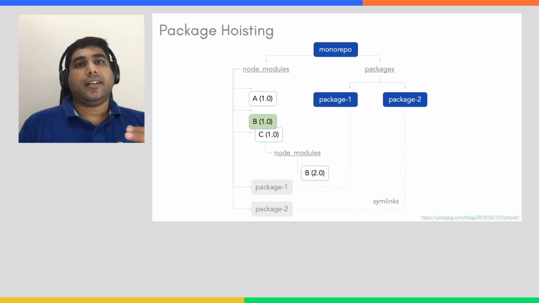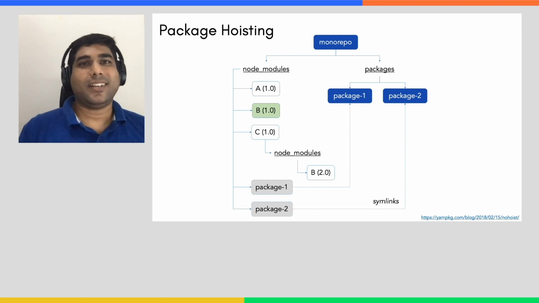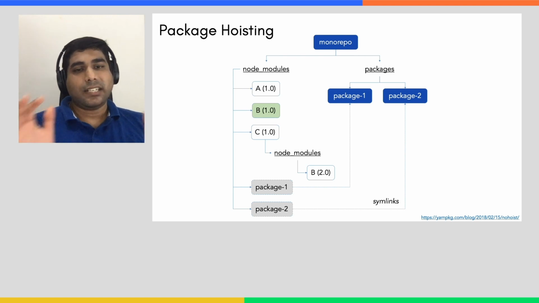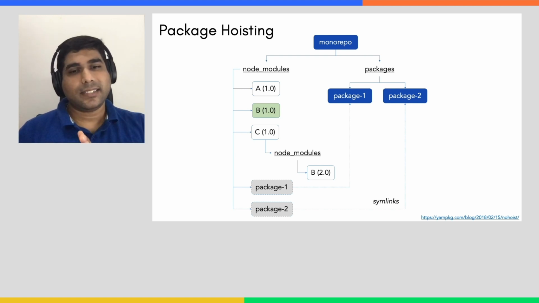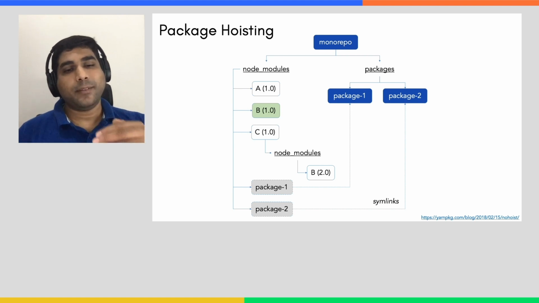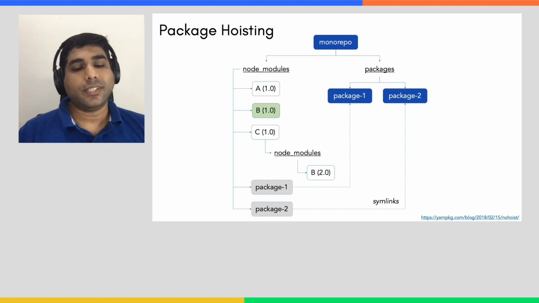So leveraging the node module resolution algorithm, if we install all these dependencies at a higher level of the monorepo folder, you can see that you have these packages under a node modules folder, like A, B, C, and C taking a dependency internally on B 2.0 under the node modules folder.